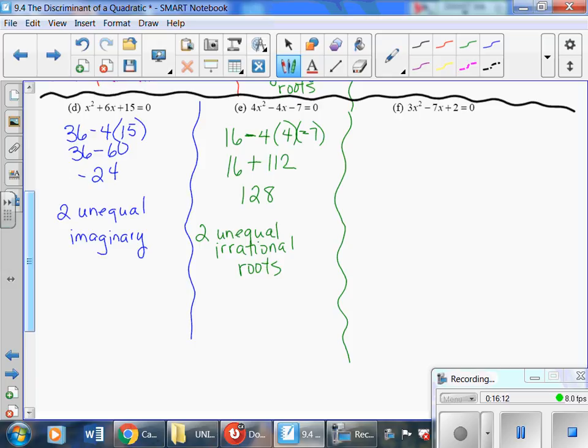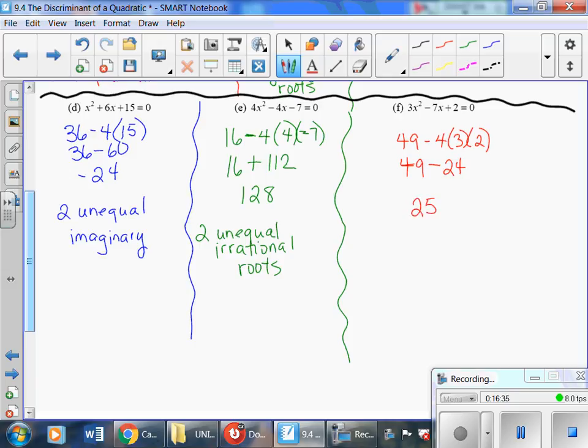And our final one, b squared minus 4 times a times c, which is, I was going to say 7, 49, minus 12 times 2 is 24, and 49 minus 24 is 25. That's my favorite number, one of them anyway.